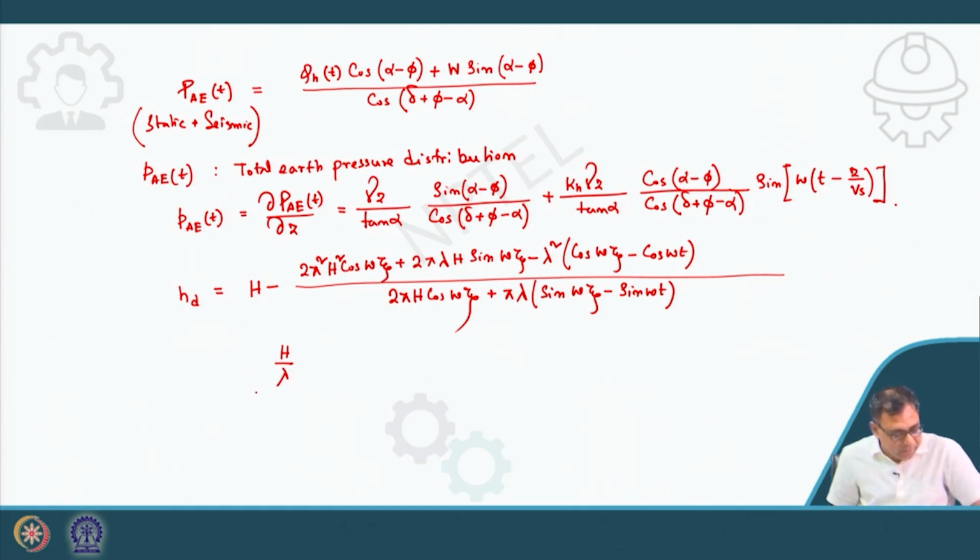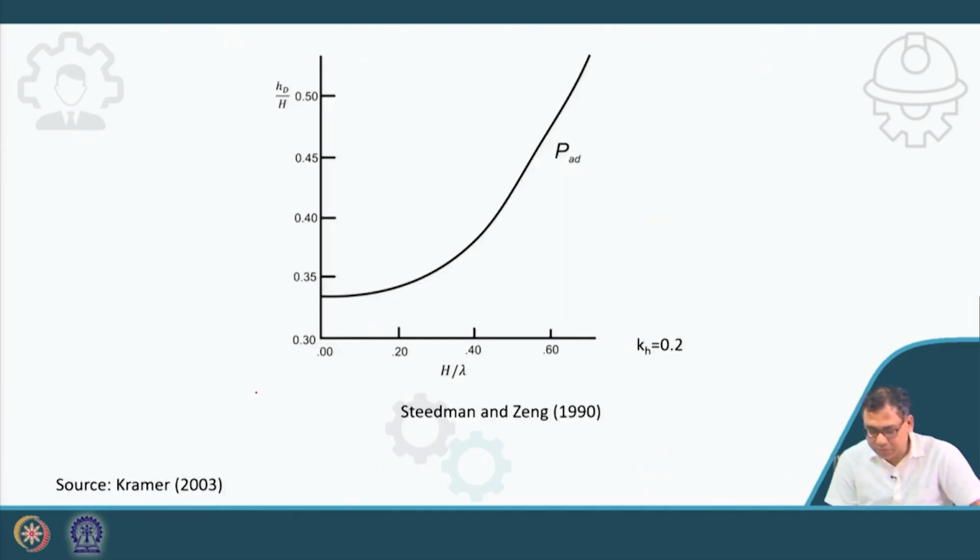But for very high frequency motions, the point of application moves higher on the wall. So, if I show you this chart developed by Steedman and Zeng, considering kh equal to 0.3, 0.2, if your h by lambda value is very small, then this point of application, h small d, is exactly h by 3.